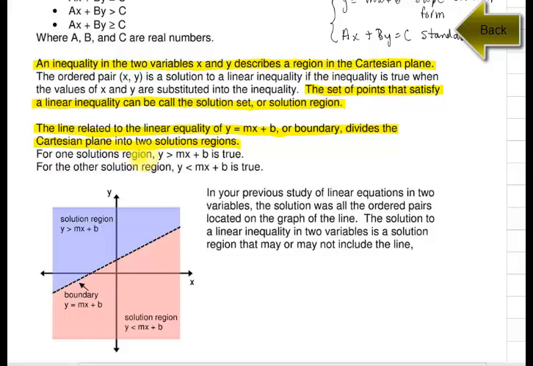For one of the solution regions, if y is greater than mx plus b, and it's true, then you would have the region which is above the line. So this is the blue region on the graph.